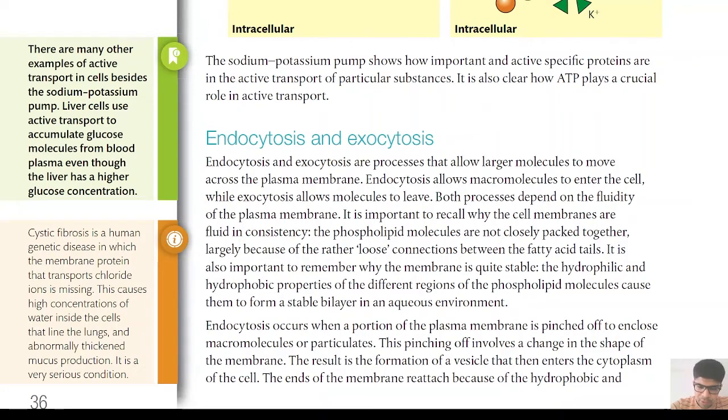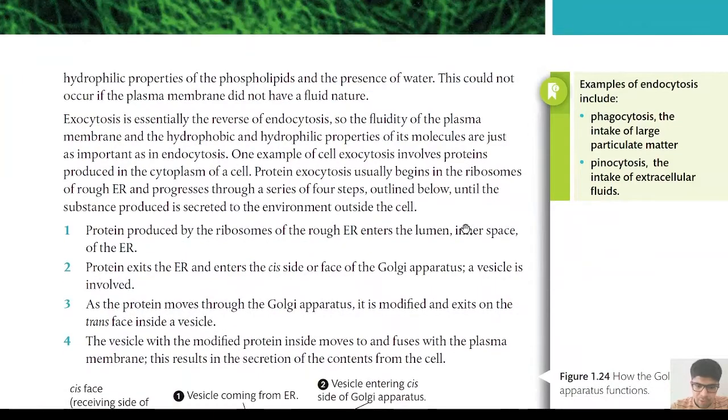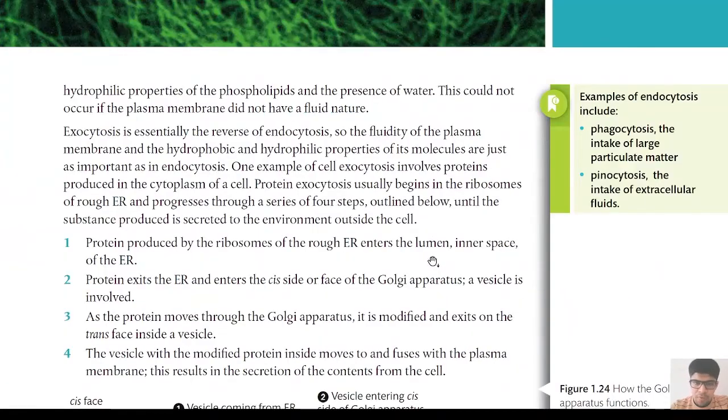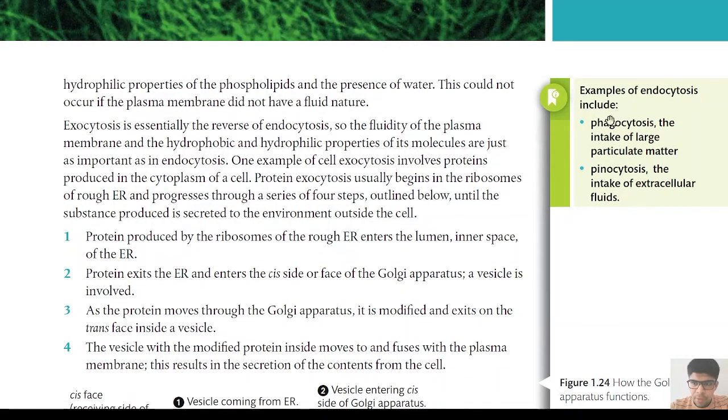The result is the formation of vesicles that then enter the cytoplasm of the cell, and the membranes reattach because of the hydrophobic and hydrophilic properties of the phospholipids and the presence of water. This could not occur if the plasma membrane did not have a fluid nature. Examples of endocytosis include phagocytosis and pinocytosis, the intake of larger particulate matter and the intake of extracellular fluids.